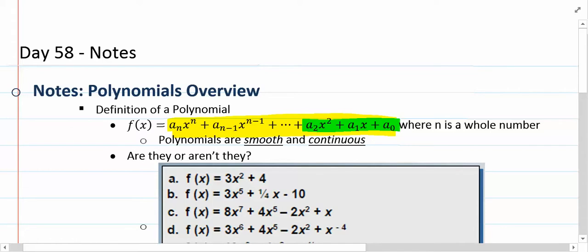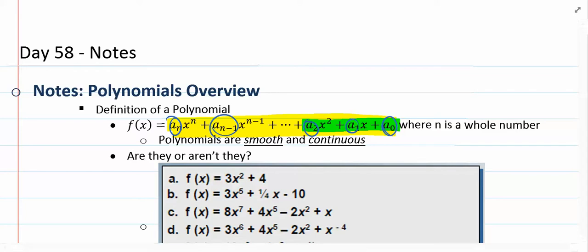But first things first, let's decide whether or not the following examples are polynomials or not. Remember, a polynomial has to follow this form where a and a sub n represents some number. So it can be a whole number, it could be a decimal, a fraction. When we're talking about a sub n minus 1, a sub 2, a sub 1, and a sub 0, those are allowed to be any sort of number.